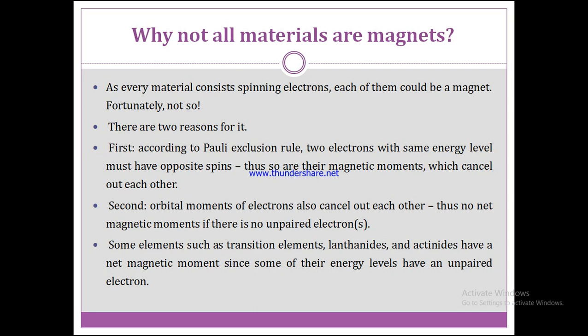As every material consists of spinning electrons, each of them could fortunately be a magnet, but this is not so because there are two main reasons. The first one is the Pauli exclusion rule: two electrons with the same energy level must have opposite spins, and so their magnetic moments cancel each other out.